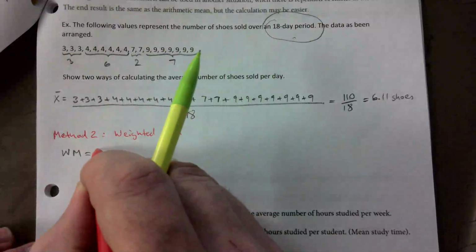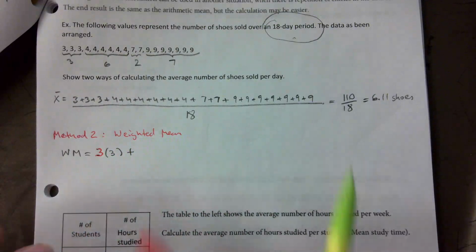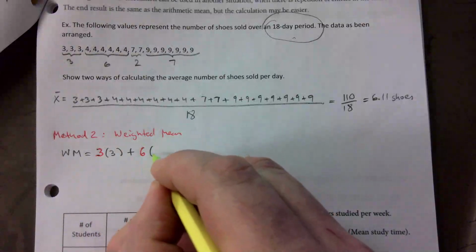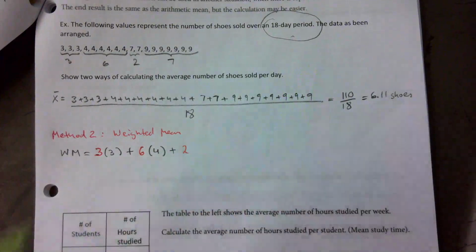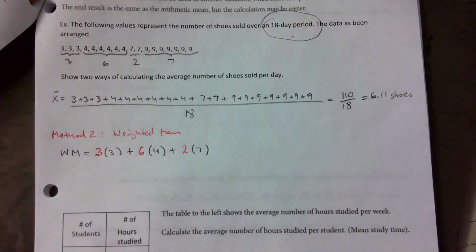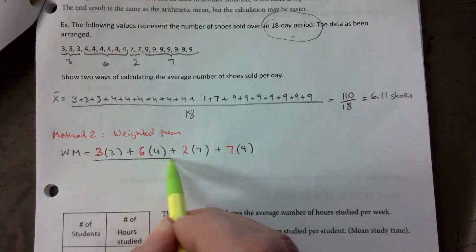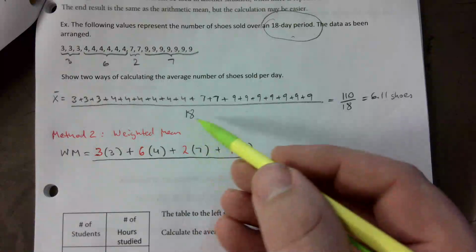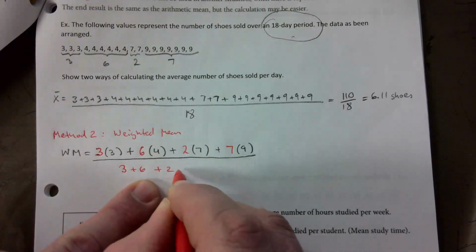There are 3 3s plus there are 6 4s. There are 2 7s. And there are 7 9s. All of that over, it's still going to be 18. Because in total we have 3 plus 6 plus 2 plus 7.